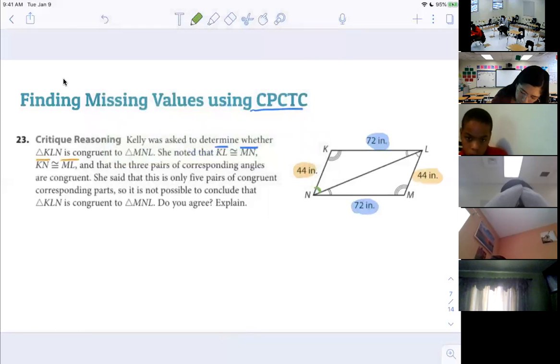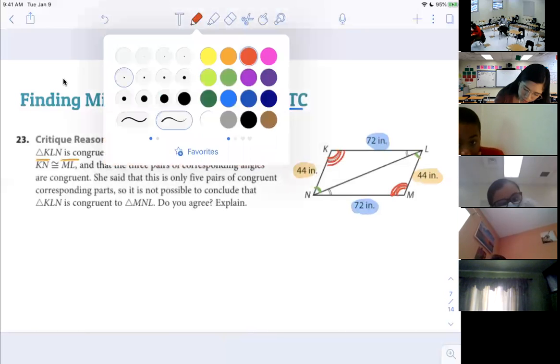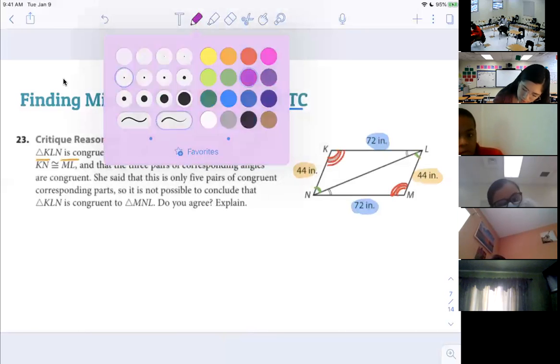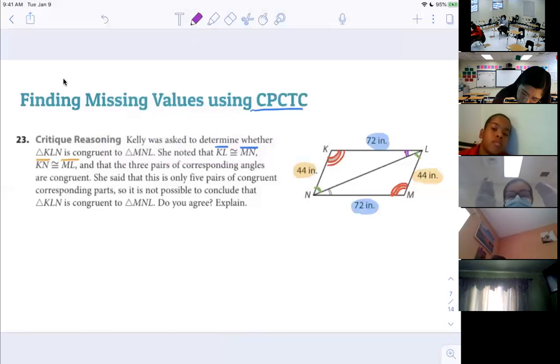So N is congruent to which other one? Good, L. K is congruent to which other one? Good, M. And then, what color haven't I used yet? Purple. Okay, this one over here is congruent to this one over there.